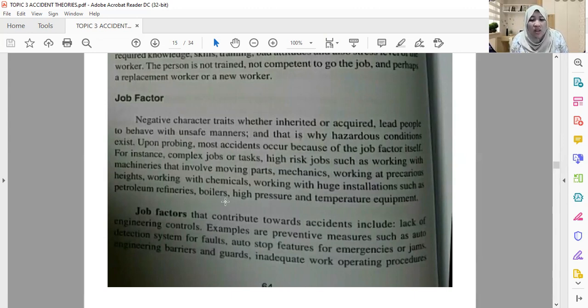Working with chemicals, working in huge installations such as petroleum refineries, boilers, high pressure and temperature equipment. Equipment that needs certain temperature degrees, you have to be very careful, especially when we deal with high temperatures, for example hot, or maybe cold ones.